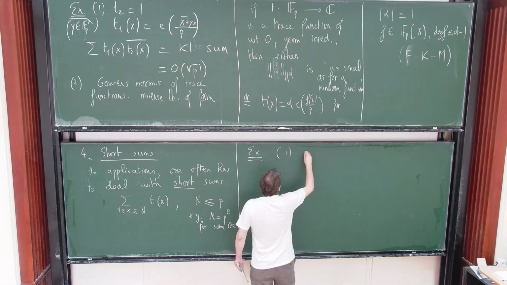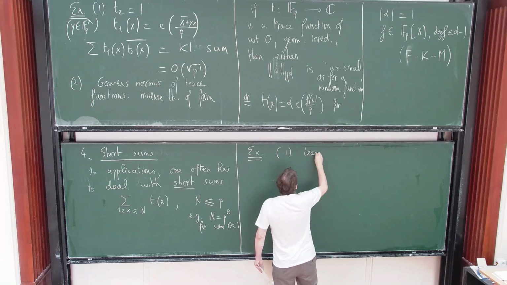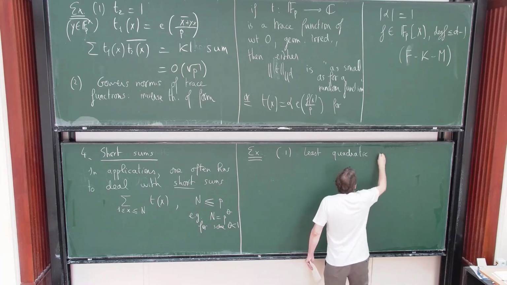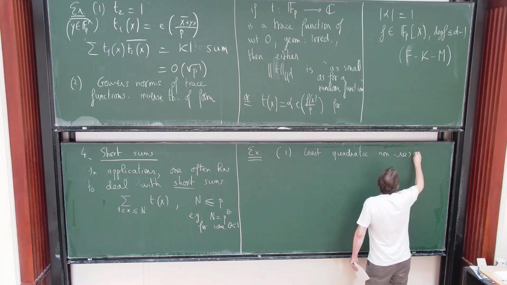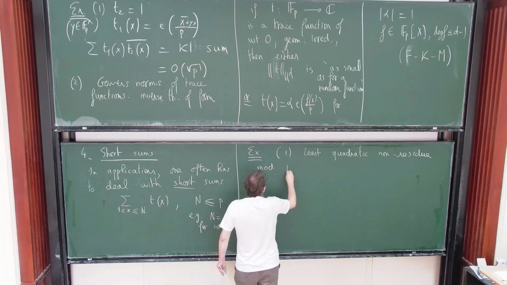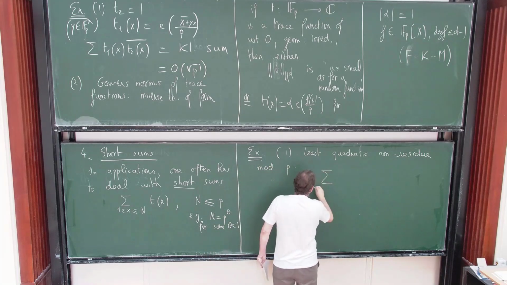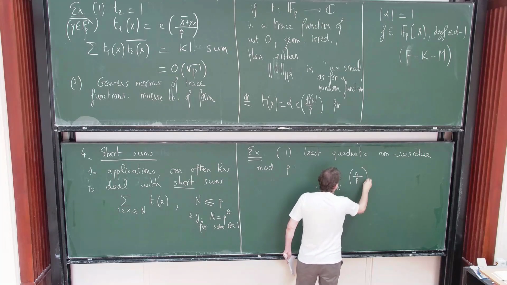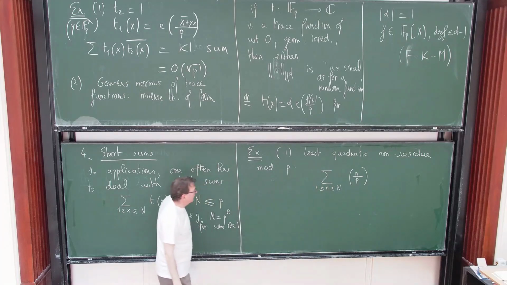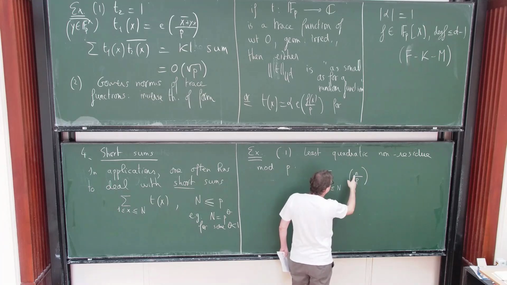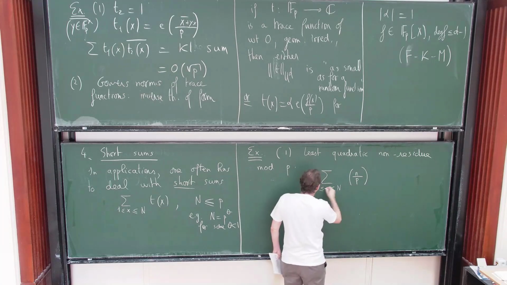So a very simple example is the problem of the least quadratic non-residue mod p. Here, you want to find the smallest integer n, which is not a quadratic residue modulo the prime. And the usual way to study this is to try and get a non-trivial bound for a sum of Legendre symbols (n/p), which are 1 when n is a square mod p.